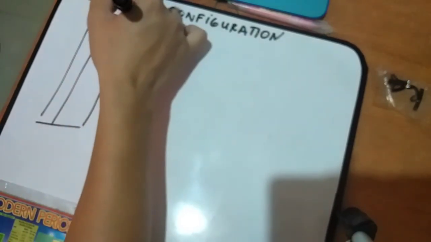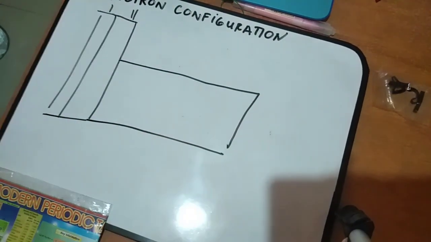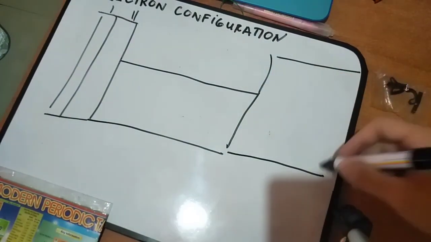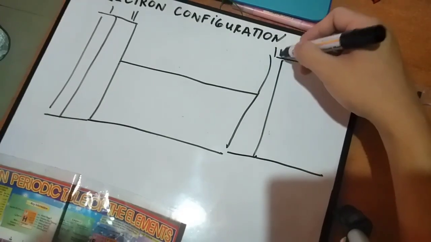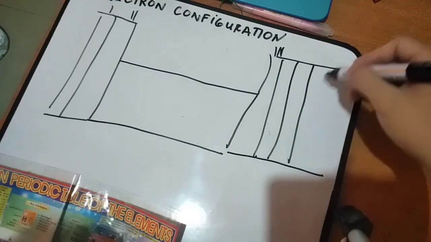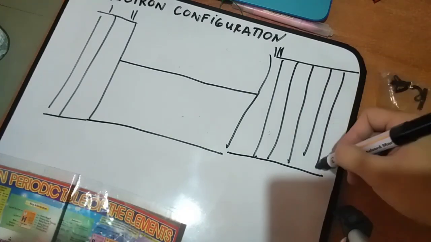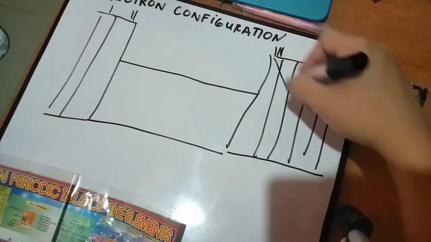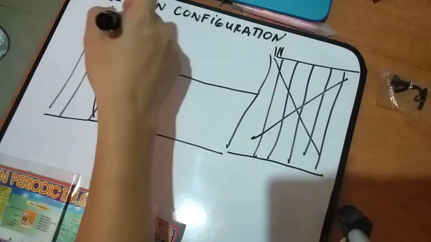So, group 1, group 2, then you have the D, then you have here, you have group 3, 4, 5, 6, 7, and 8.